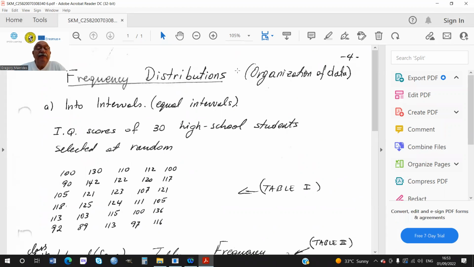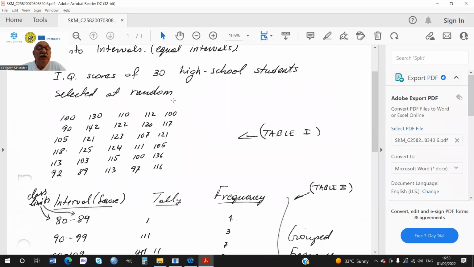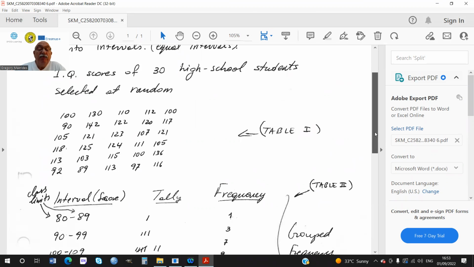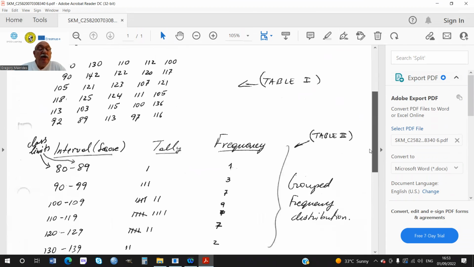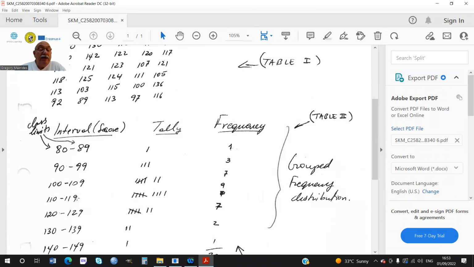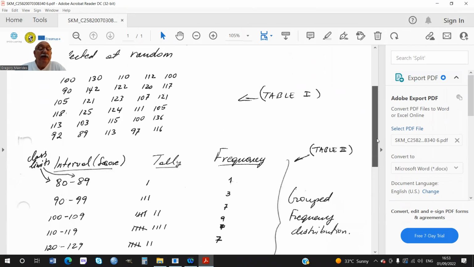Okay, an example: the frequency distribution. I take an example of 30 IQ scores. You know what an IQ score is. These 30 numbers, we want to put in a so-called grouped frequency distribution. Usually we try to make groups, as you can see here, these intervals, in fewer than 10.